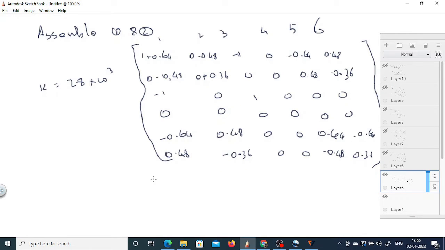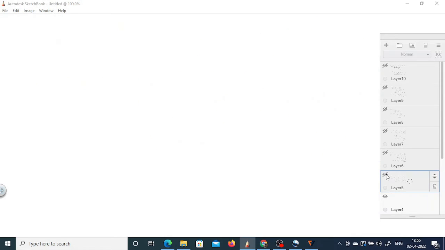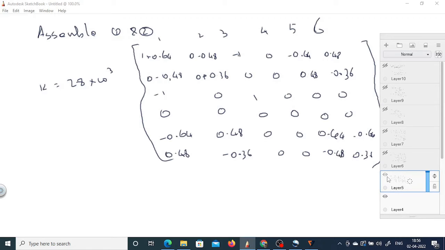With this we can move to the next step. What is the formula for the finite element equation? Yes, F is equal to K into displacement.